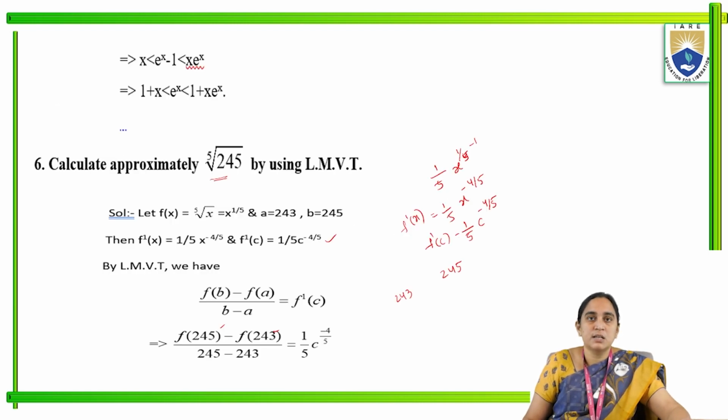By using Lagrange's mean value theorem, from the given question we have to assume f of x, and in between that we have to assume a and b values, and first verify that it is continuous and differentiable. If the two conditions are satisfied, we take c belonging to (a, b) such that f dash of c is equal to this. Then we substitute 1 by 5 into c power minus 4 by 5, or whatever it is according to the question, find the f of 243 value and substitute there.